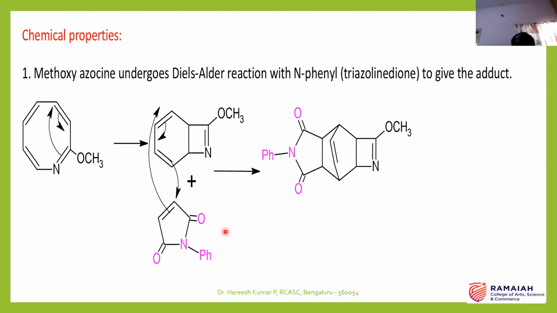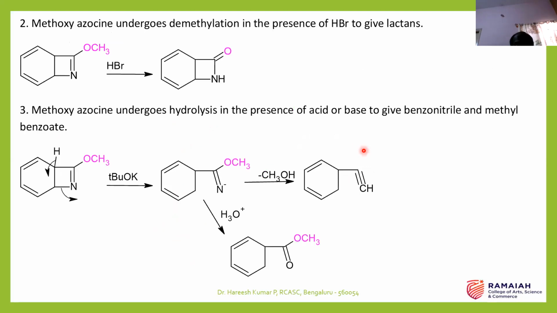The obtained bicyclic compound can react with phenylsuccinimide giving rise to the Diels-Alder adduct. This bicyclic compound is unstable and it can react with HBr. There will be a cleavage of ether giving rise to lactam. Similarly, this bicyclic compound reacts with potassium tertiary butoxide.